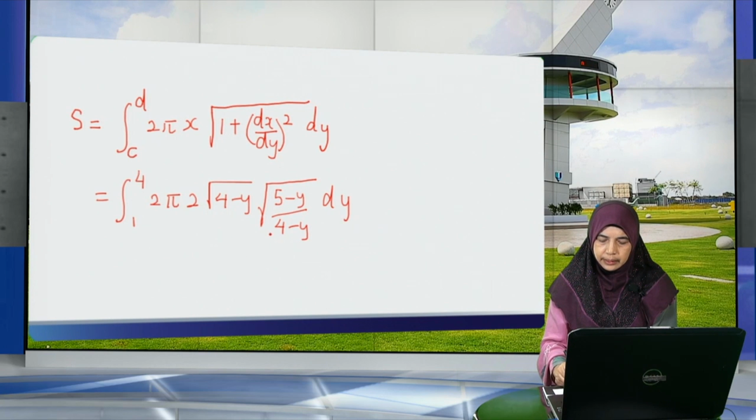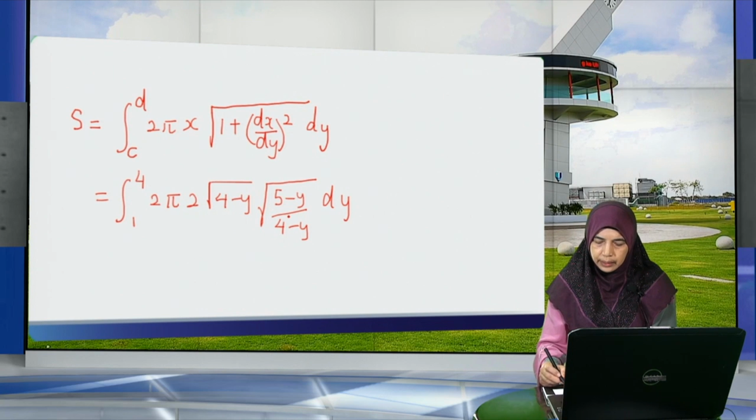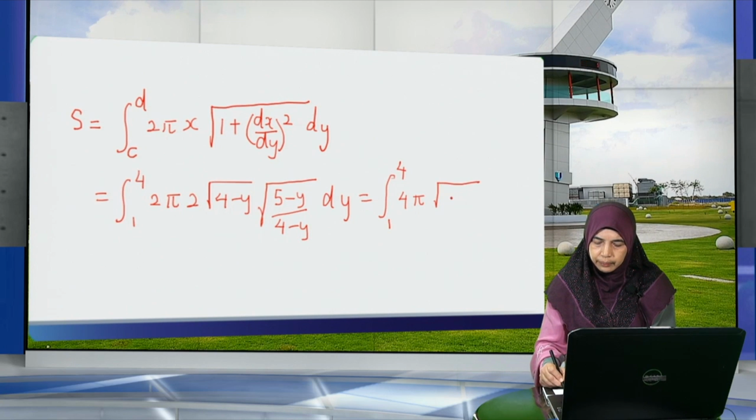Notice that this one and this one can cancel off because this is the same. So we will get integration from 1 to 4 of 4 pi square root of 5 minus y dy.